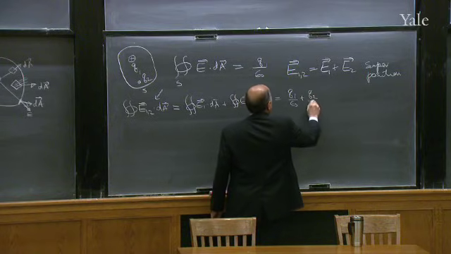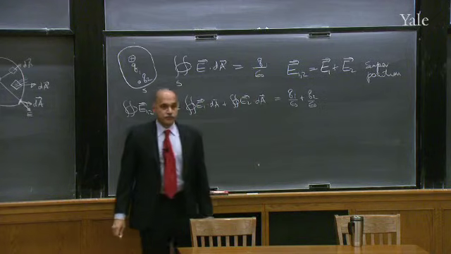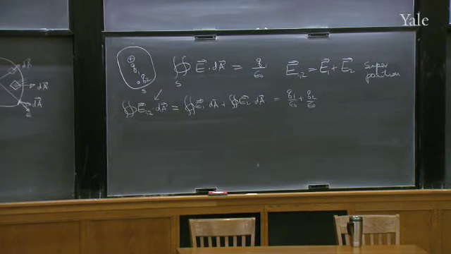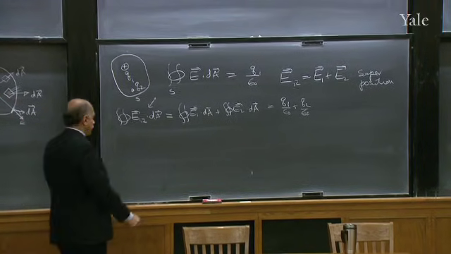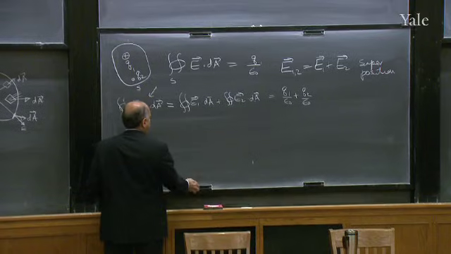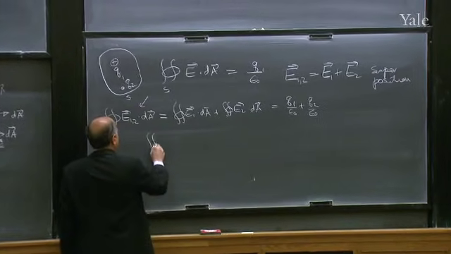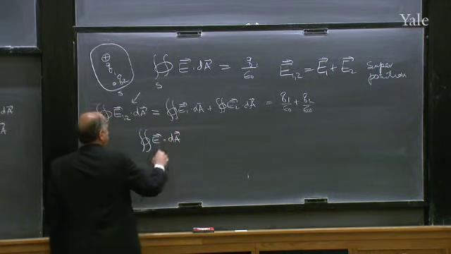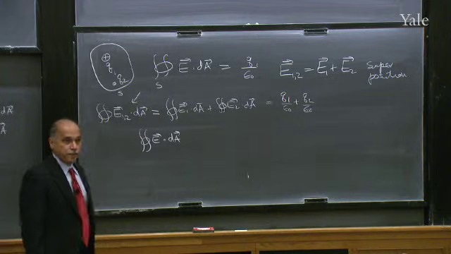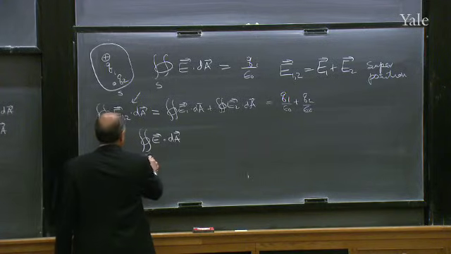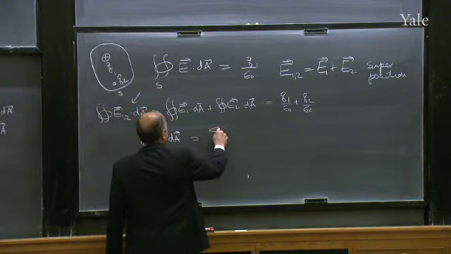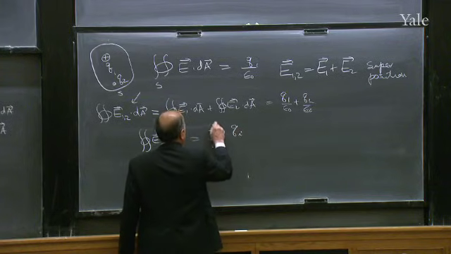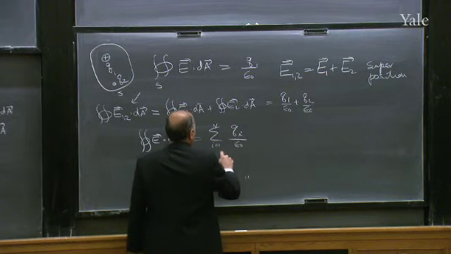Second is Q2 over epsilon 0. Once you can do two charges, you can do any number of charges. And now we write Gauss's law almost in its final form. The final form is that if you took the total electric field, I'm not going to put total, E will stand for the total, on a surface S that is equal to the sum of all the charges, i from 1 to whatever many charges you have, divided by epsilon 0.